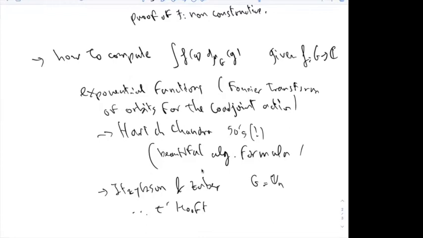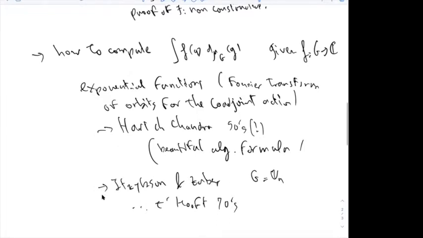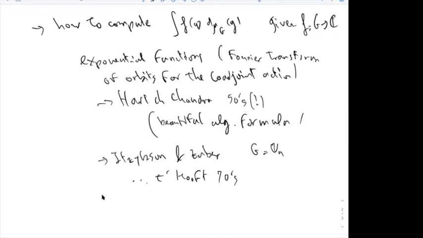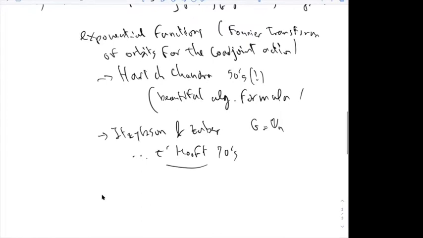So quite often nowadays it's called the HCIZ integral, Harishchandra–Itzykson–Zuber. 't Hooft started to look at this in the early 70s, and what he started to look at more precisely was classical series of groups.